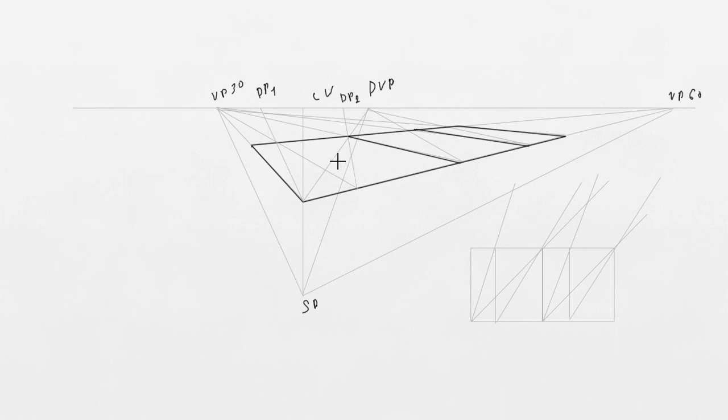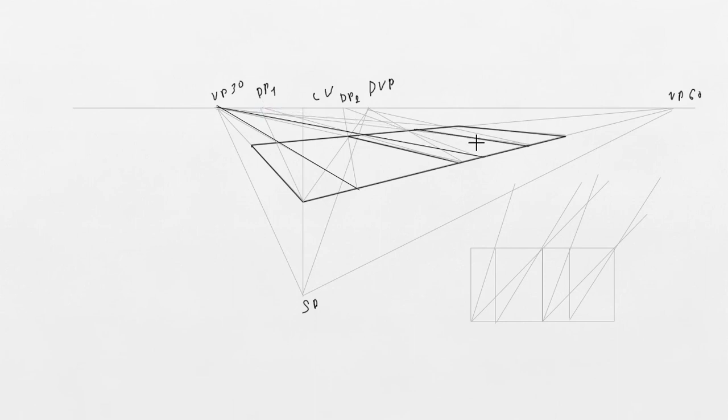Okay, now we could just go from here to distance point 1, distance point 1, and get our narrow. And from here, go to distance point 2, got our wide one. And the last one goes to the narrow.